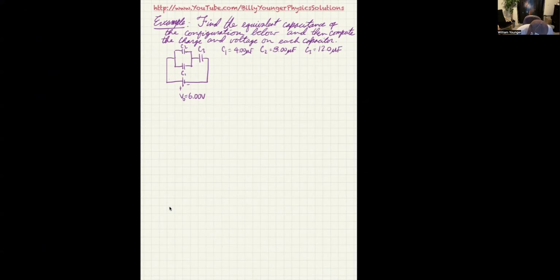So now we're going to work the problem. Solution. What we're going to use is our formulas. 1 over C equivalent in series is equal to 1 over C1 plus 1 over C2 plus ... And C equivalent parallel is equal to C1 plus C2 plus ... And we'll go on from there.